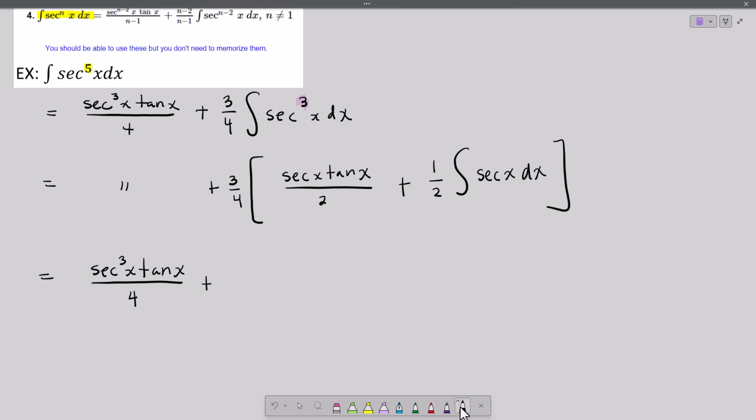So let's talk about that when we get over there. So 3/8 secant x tangent x. And then 3/8 multiplied by the natural log of the absolute value of secant x plus tangent x plus c.